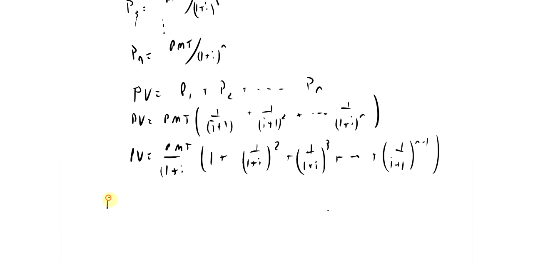So present value is payment over (1 + i).